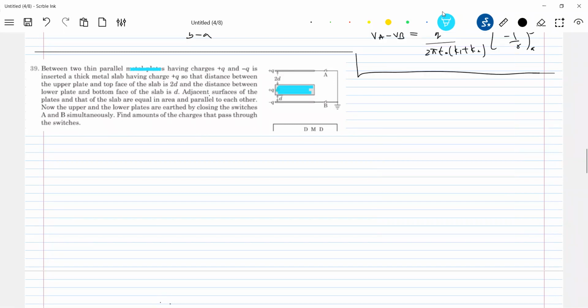It can be asked. There's a very simple idea here. Because we took all the problems where the metal plate was neutral. Now a charged metal plate is inserted. Read the question.